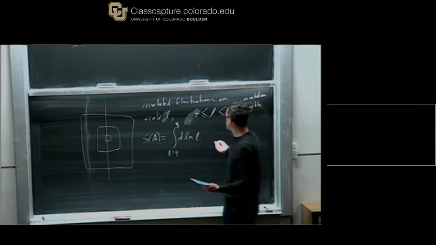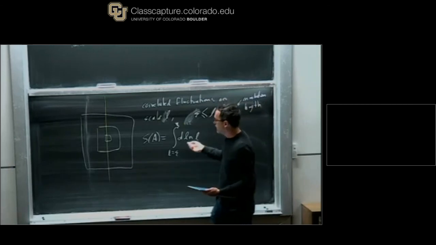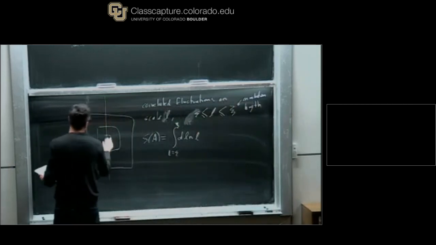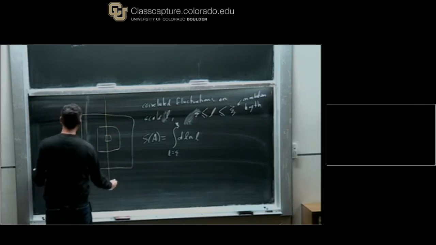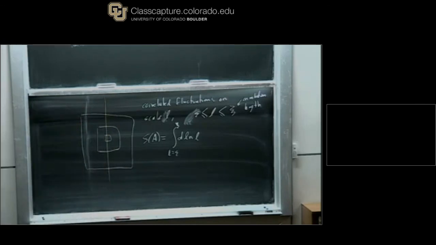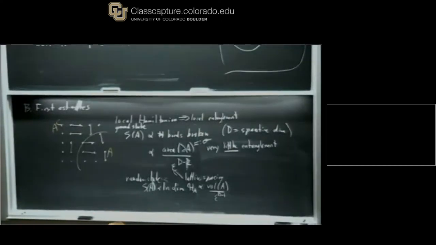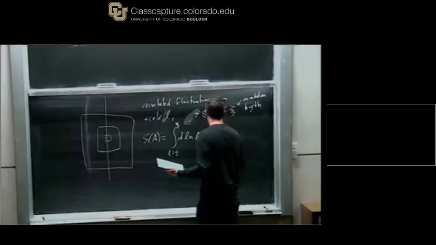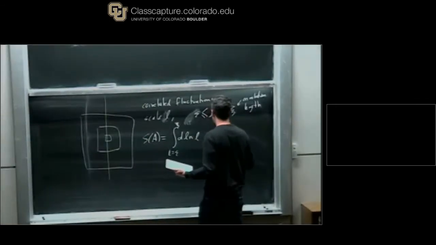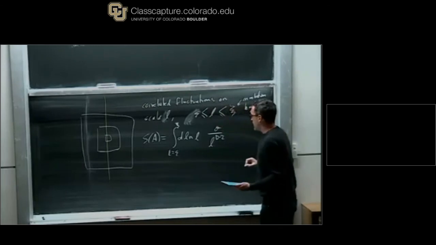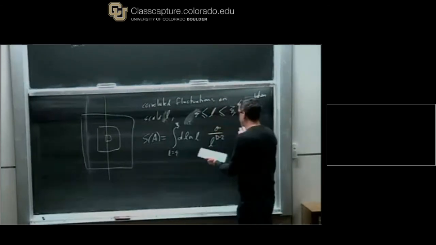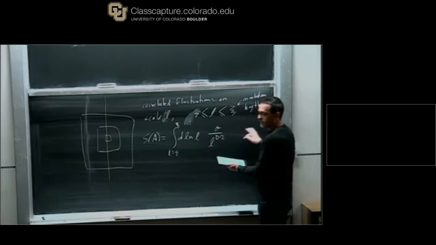And that contribution on the scale L is going to be basically the area of the entangling surface, which I'm going to call sigma, in units of L. So I get sigma over L to the d minus 2. Of course, it shouldn't be the same for every L; there's some function of L here.